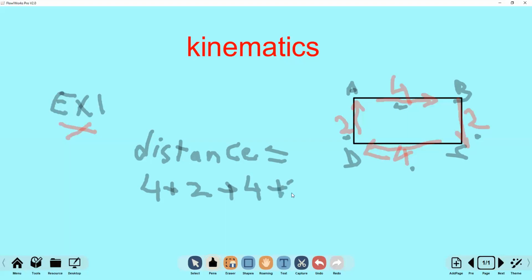How much in total? 4 plus 2 is 6, 6 plus 4 is 10, 10 plus 2 is 12. 12 meters. Okay, then what is the displacement? How do we calculate the displacement?